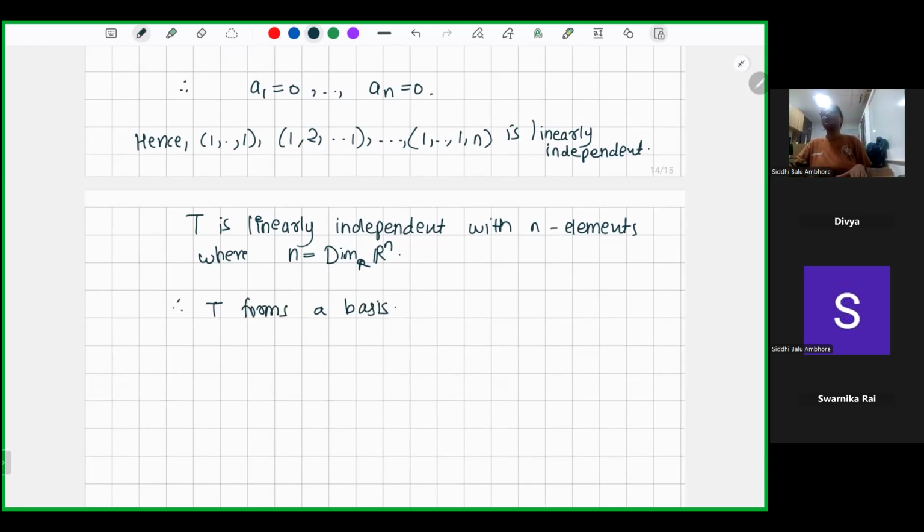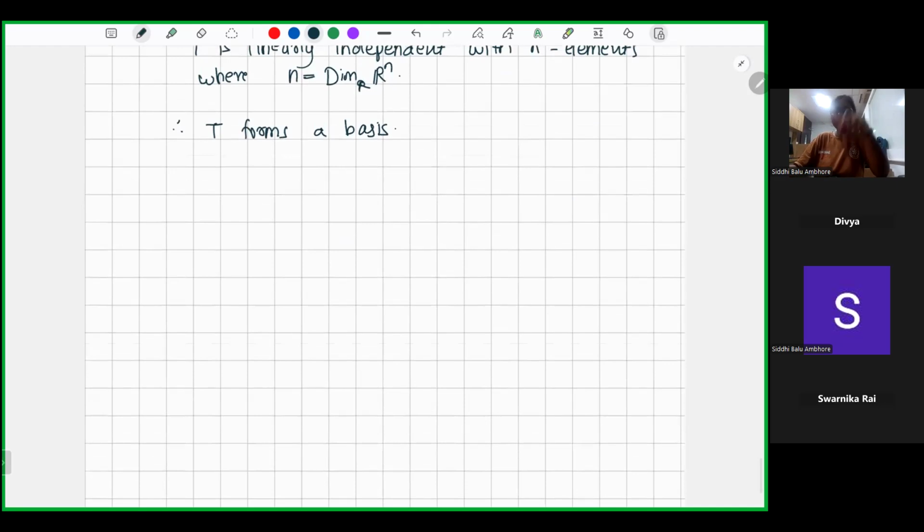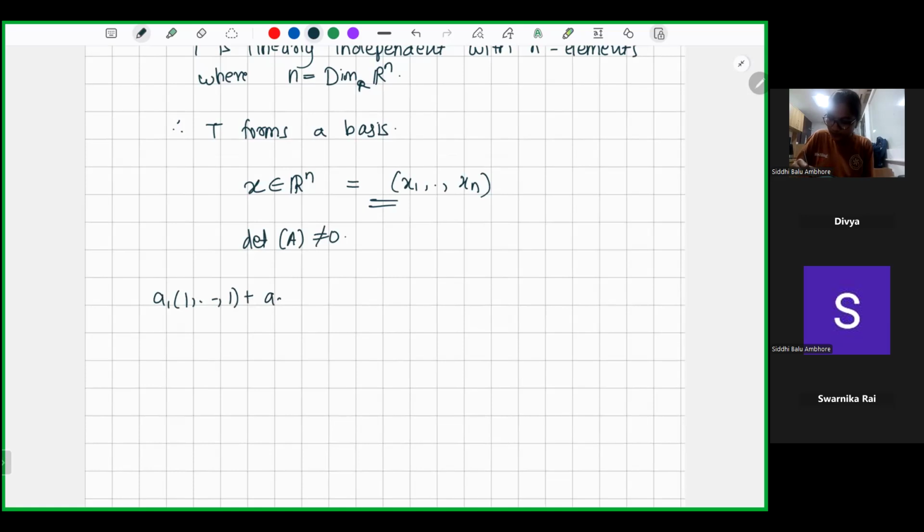And if you want to know in general how this also generates, note that if I take x in R^n, it will be of the form x1, x2, up to xn. Since the determinant of A is non-zero, for this x I have the expression a1 into v1 plus a2 into v2 and so on, plus an into vn, and I equate this to x.